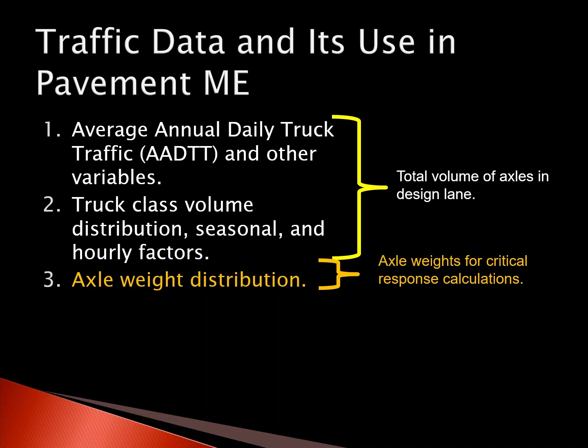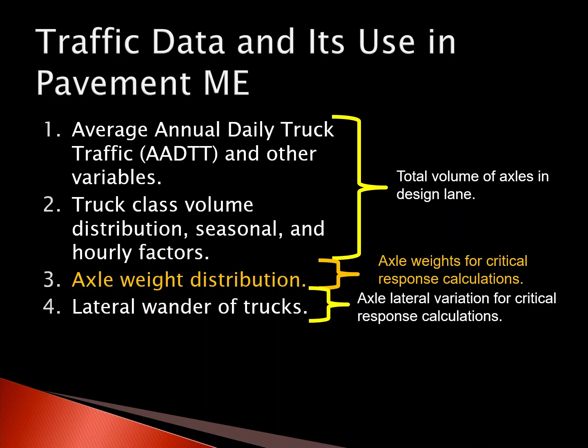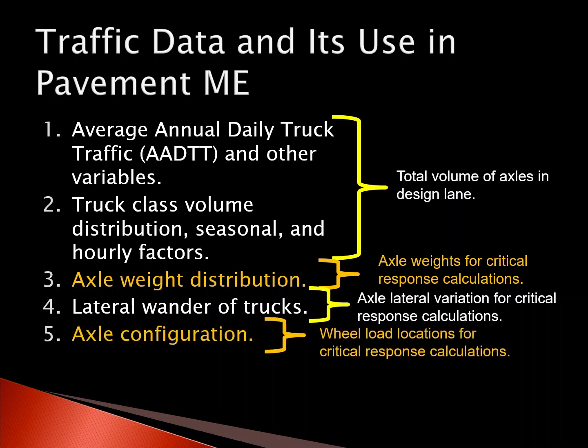These are the axle weights to be used for the critical response calculations for predicting the stress of flexible and rigid pavements. The next is the lateral wander of trucks, the axle lateral variation for critical response calculations for predicting the stress over time. And the fifth is the axle configuration. This is the wheel load locations, in other words, individual wheel load locations for critical response calculations.